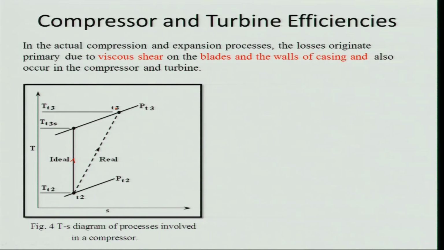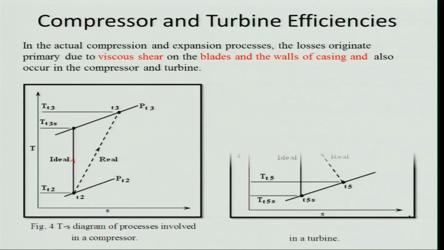What it indicates? That means for the same pressure ratio in a compressor, you need to provide more amount of work in case of the real situation than that of the ideal one, right. That is the meaning, because a lot of things will be lost and which you need to provide to get the same pressure ratio. That is a very important point you should keep in mind.